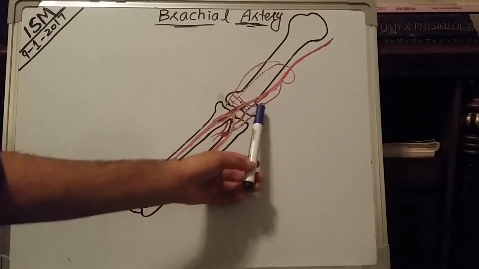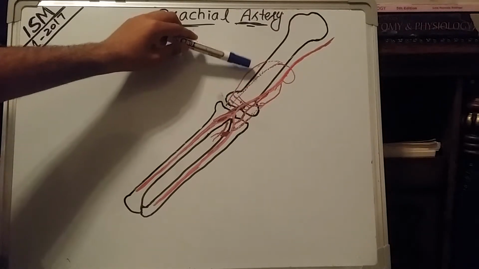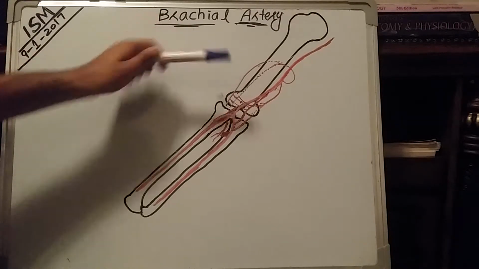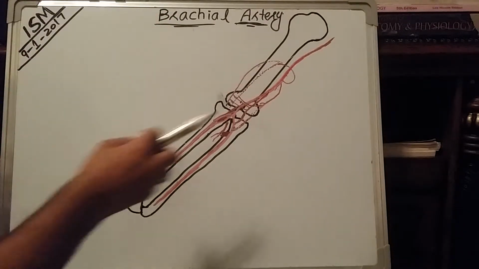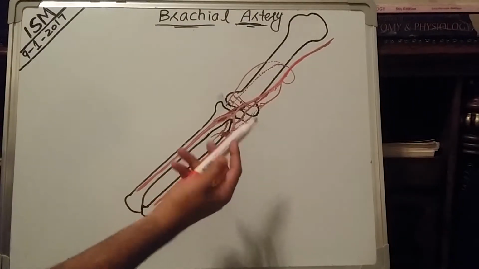They form anastomosis with each other. And here the radial collateral artery and the medial collateral artery form anastomosis.